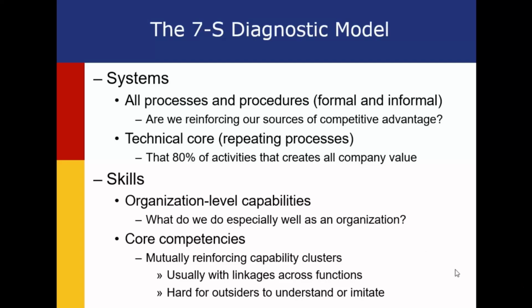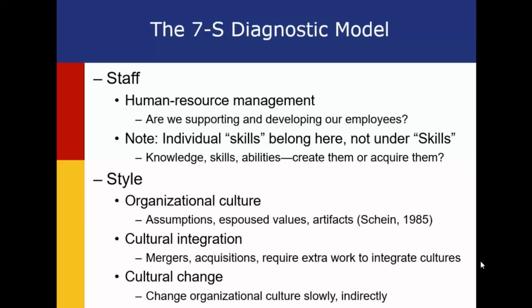And the idea of a core competency is when you have this combination of functions in an organization, they happen to work together so well because you got good at it, maybe by accident, then you recognize it, and so you reinforce it. Other companies have a really hard time trying to figure out how to replicate it because it's got too many little connections across different types of organizational subsystems.